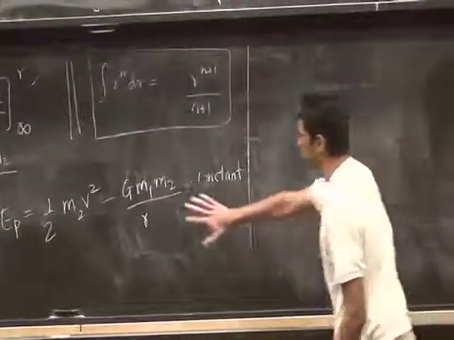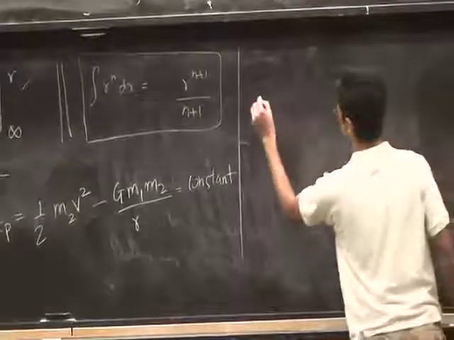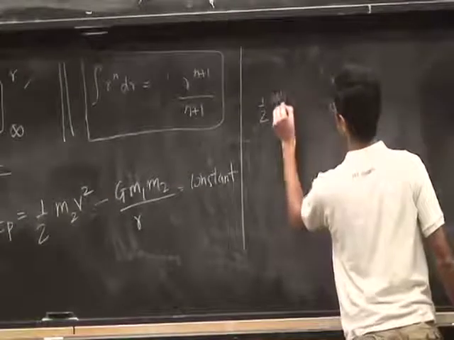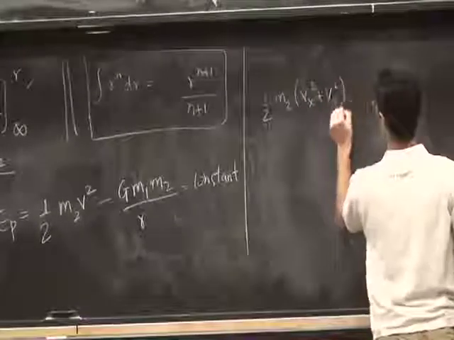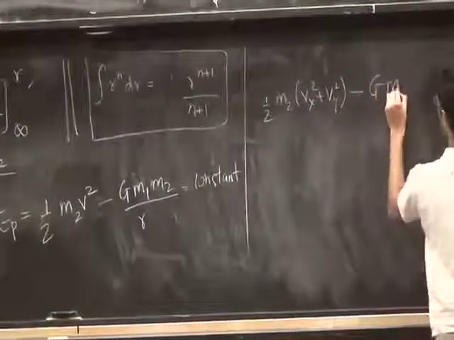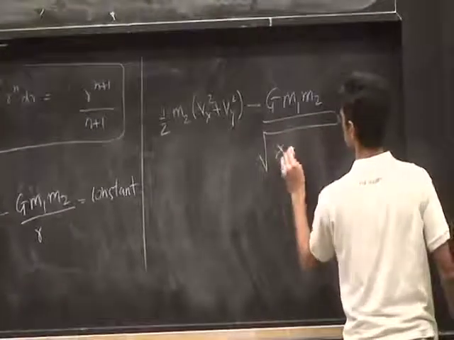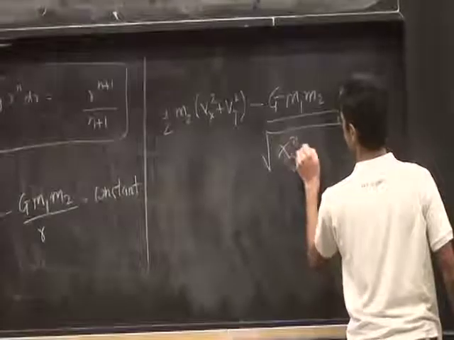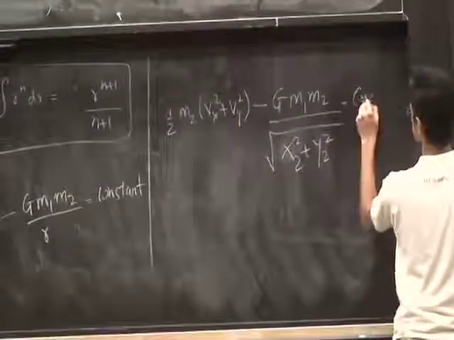So let's just simplify that. I'm going to rewrite this in terms of x's and v_x's. So this gives me half m2 (vx squared plus vy squared) minus G m1 m2 divided by the square root of x2 squared plus y2 squared. That's a constant.